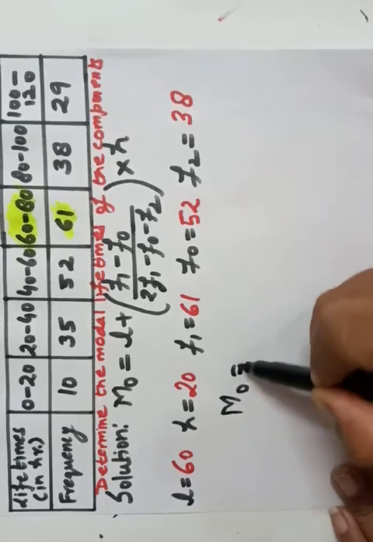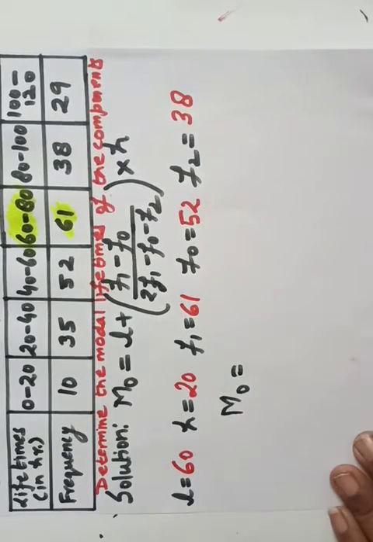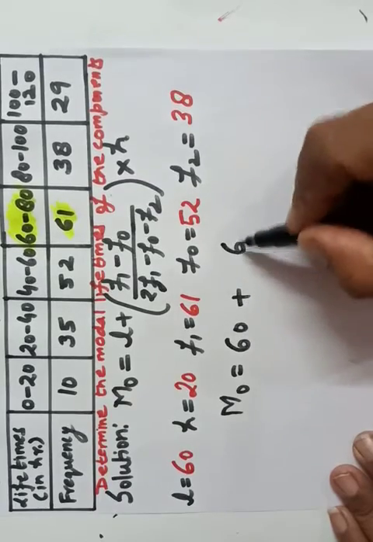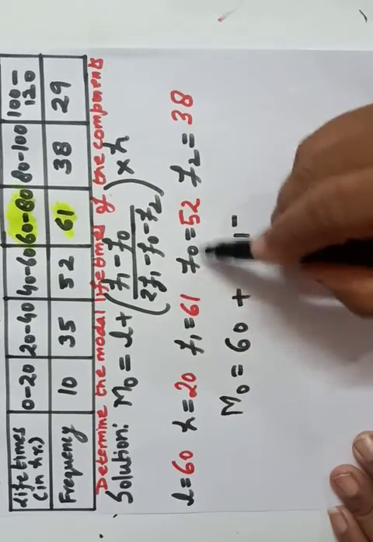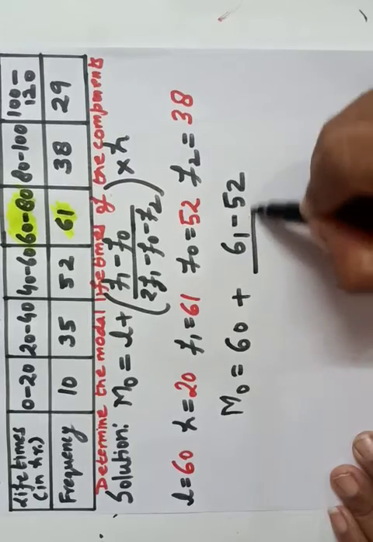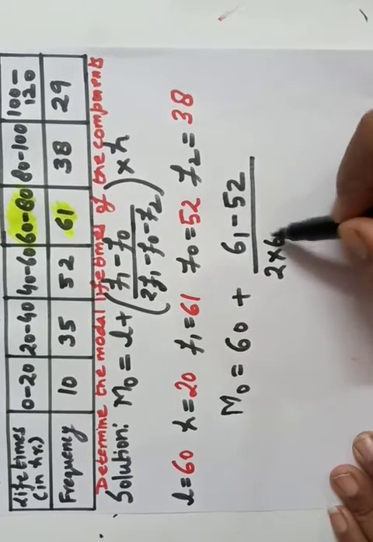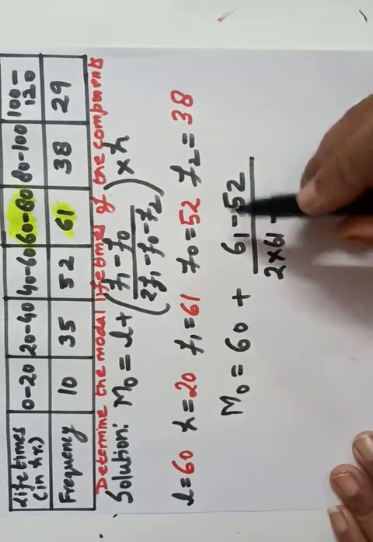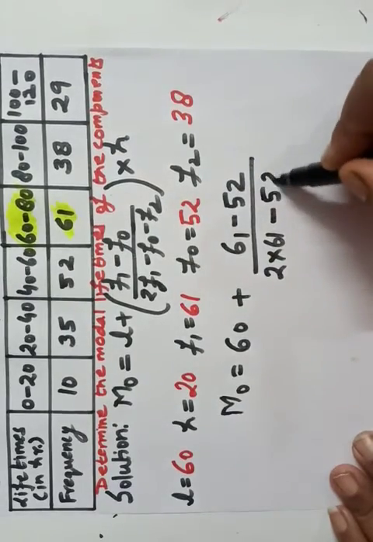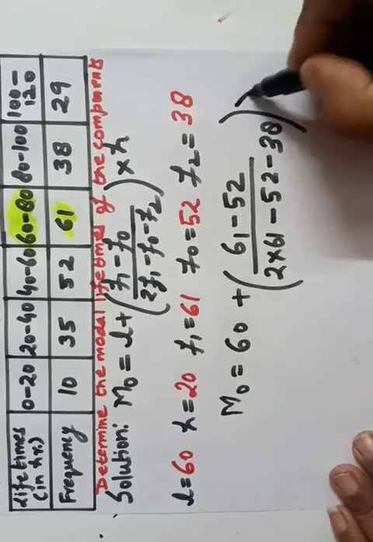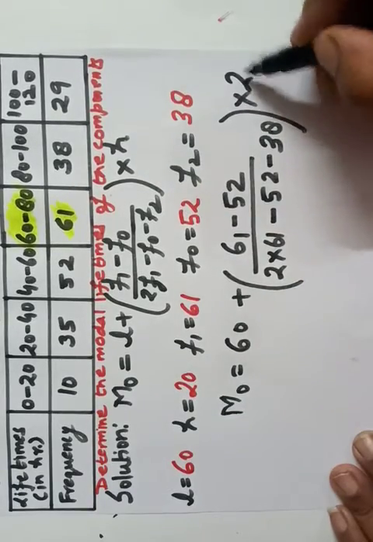So M0, the mode, is equal to L, that is 60, plus (61 minus F0, that is 52) upon (2 into 61 minus 52 minus 38) whole multiplied by H, that is 20.